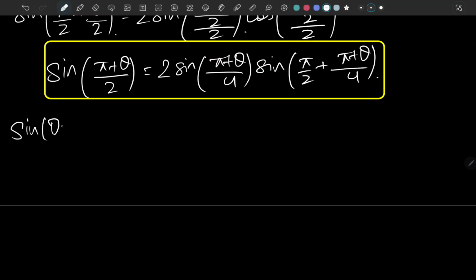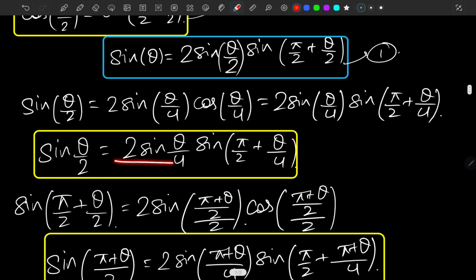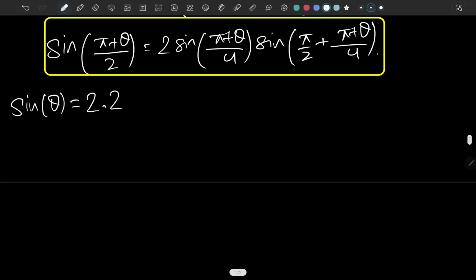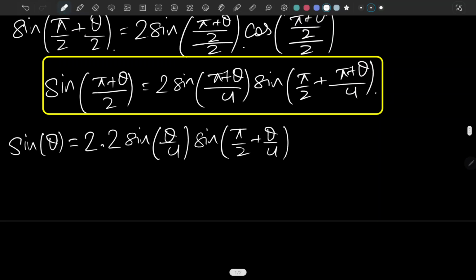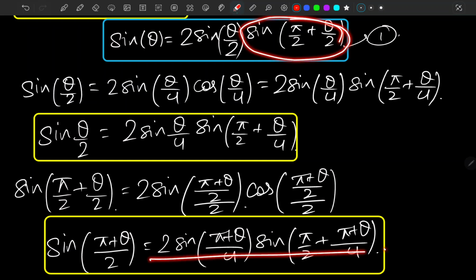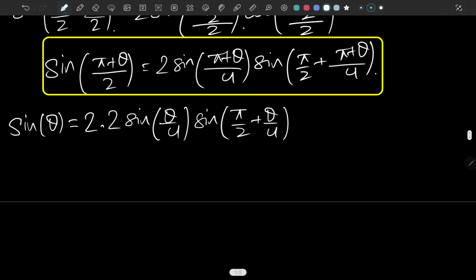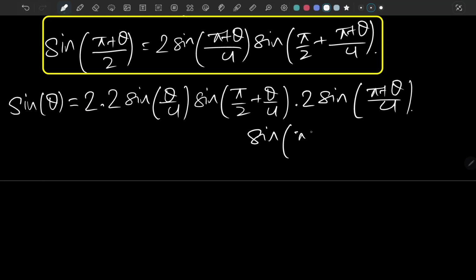Sine of theta equals 2, as we had earlier, and sine of theta over 2 can be replaced with 2 sine theta over 4 times sine of pi over 2 plus theta over 4, and then we can write this one, this big chunk, as times 2 sine of pi plus theta over 4 and then sine of pi over 2 plus pi plus theta over 4 here.